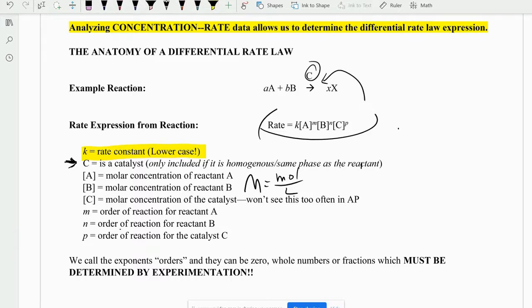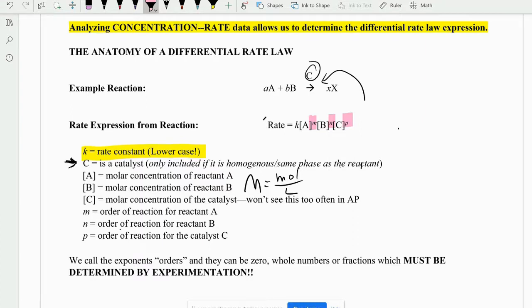One more thing about this rate expression you should notice is that each one of the reactants and the catalyst in this case is raised to a certain order, is what we call it. If you come down here to the key, M is the order of reaction for reactant A. The letter N is the order of reaction for reactant B. And P is the order of reaction for the catalyst.